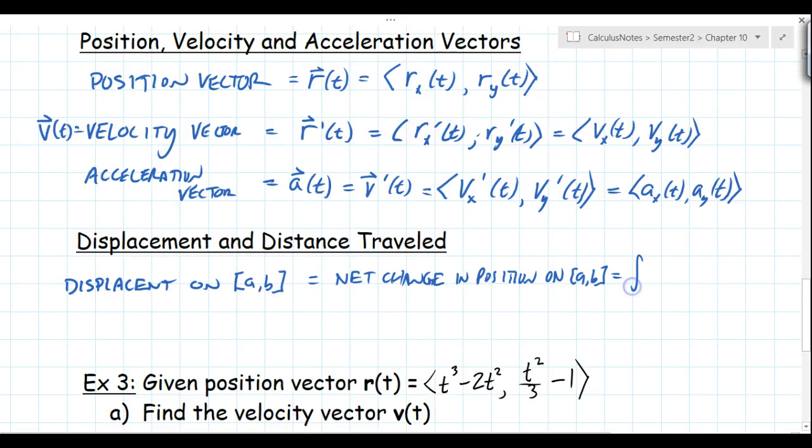So this is the integral from A to B of the velocity. So our displacement vector is going to have the integral from A to B of the x component of velocity, and then the integral from A to B of the y component of velocity.